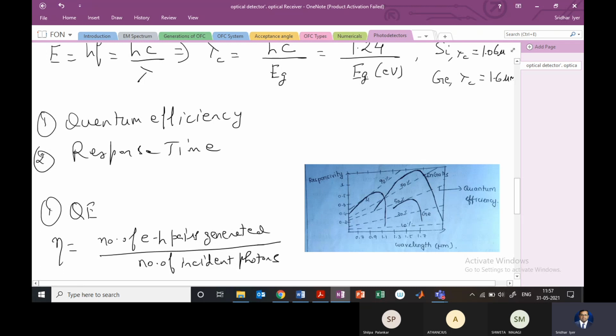Okay, so this ratio is similar to what we had done in LED and laser. But if you remember, there the numerator is the same, number of electron hole pairs generated, but the denominator was the number of incident electrons. Why? Because in the source, the input is the electrons, and we want to see how many photons are going to be generated. Here it is the opposite. Here we want to see how many electrons will be generated at the output when there are certain incident photons, right?